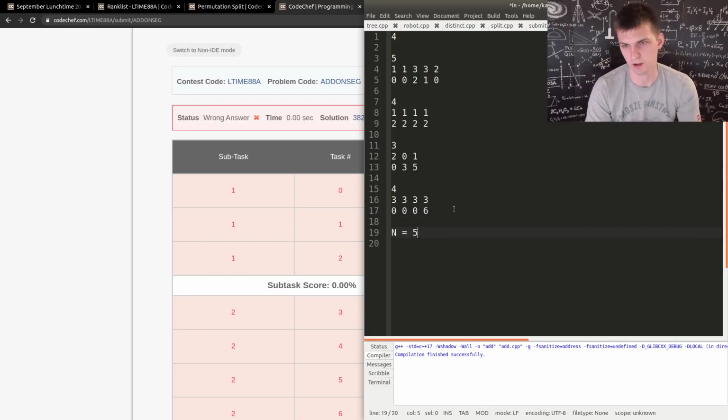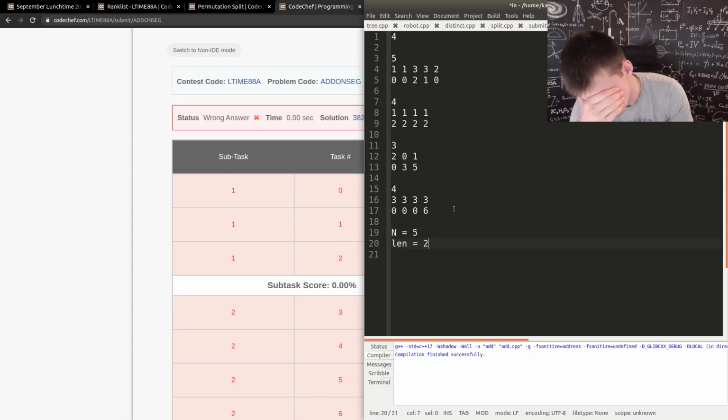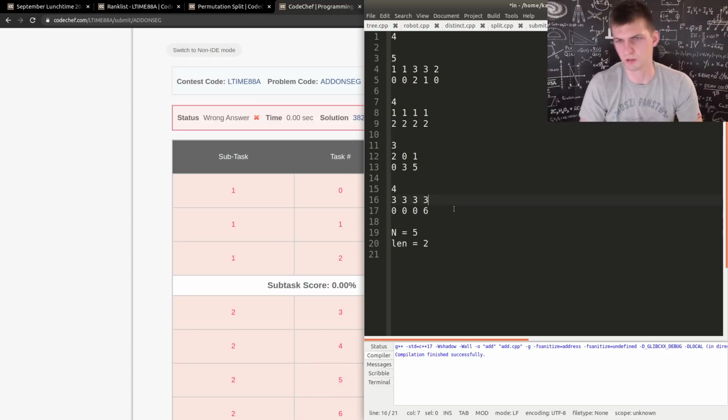If n is equal to 5 and something has length equal to 2, then I need to apply this thing five times. No, twice to every position. So it is not really correct for length 5.